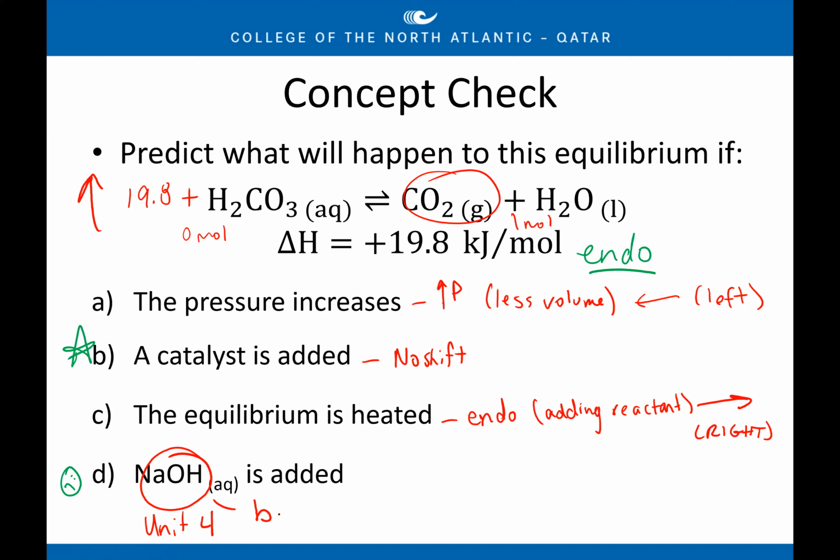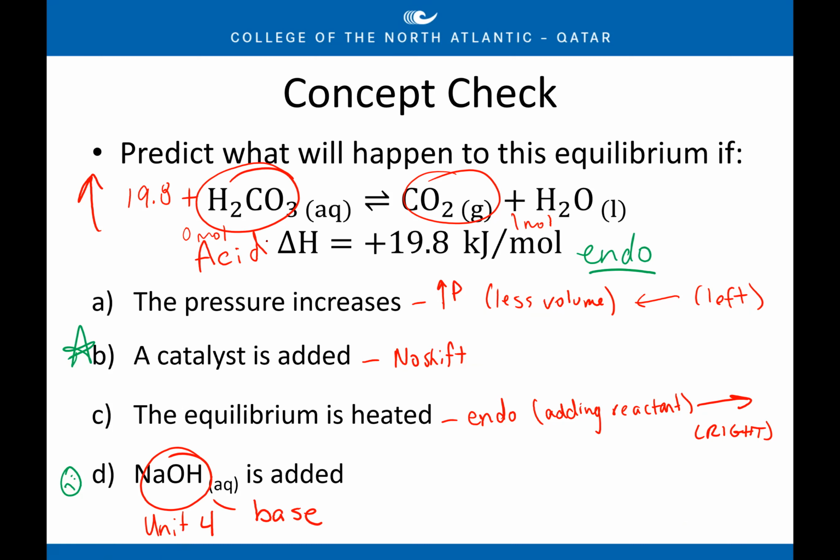NaOH is a base. H2CO3 is carbonic acid. It's an acid. So do not worry about D for now. We will come back to D when we get into unit 4.